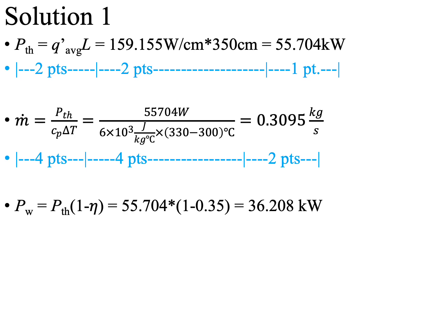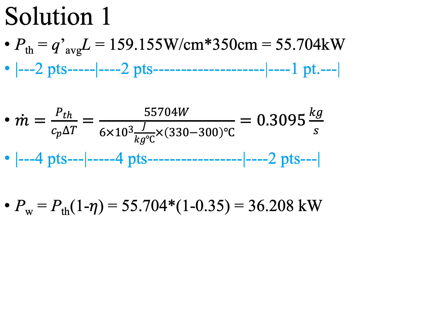So the waste heat power is simple: the total thermal power P thermal times 1 minus eta. Then that will be your waste heat power.